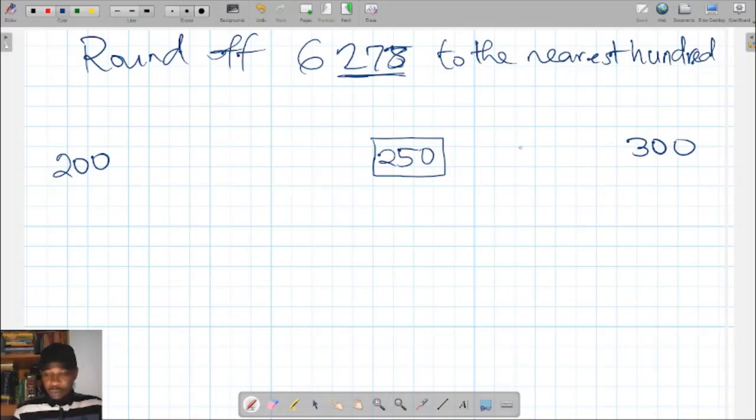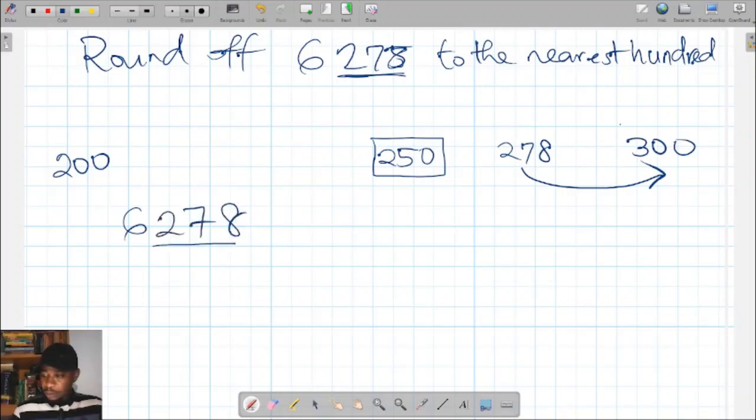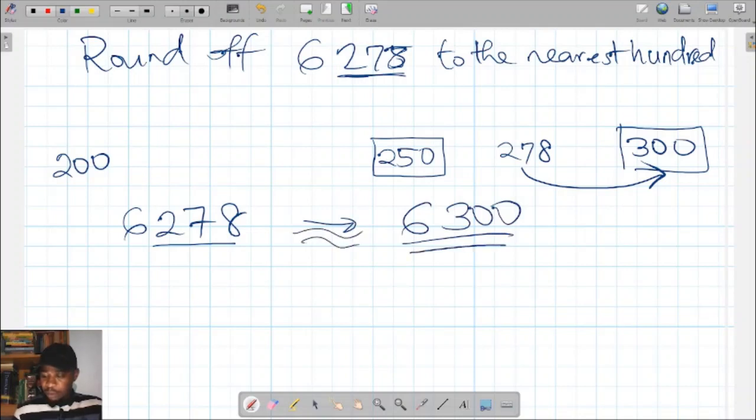In this case, 278 falls on the right, so it is closer to 300. So in the original number, which is 6,278, we replace that 278 with the 100 that is closest to it. We're going to have 6,300. This is our approximate value to the nearest 100.